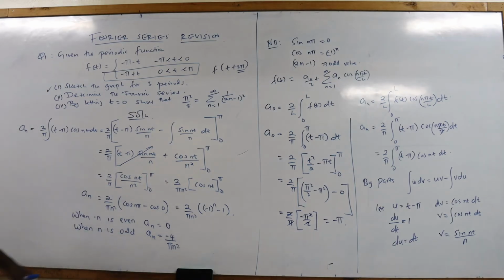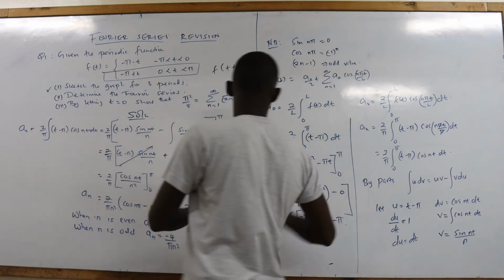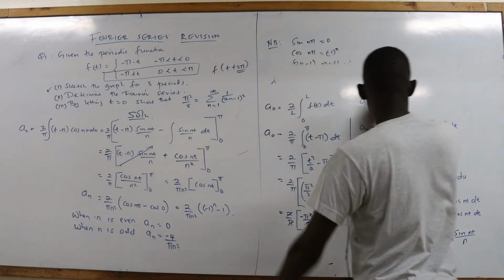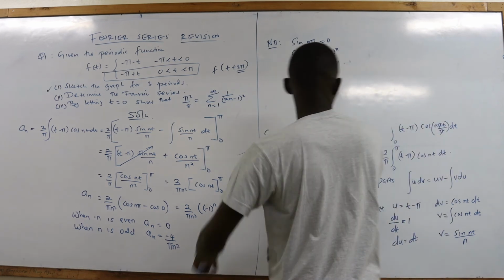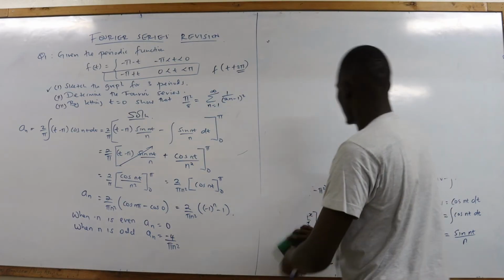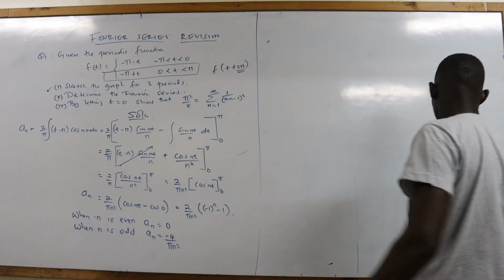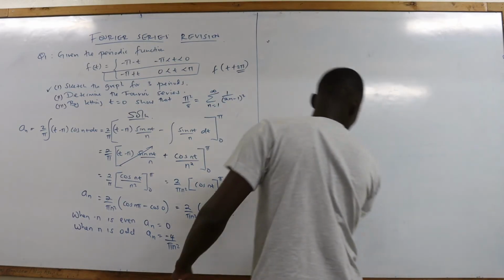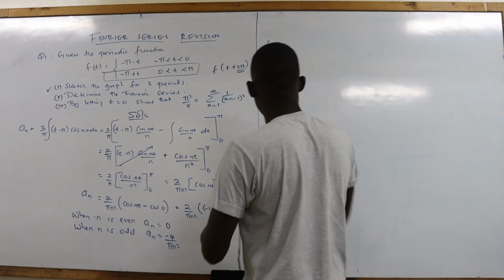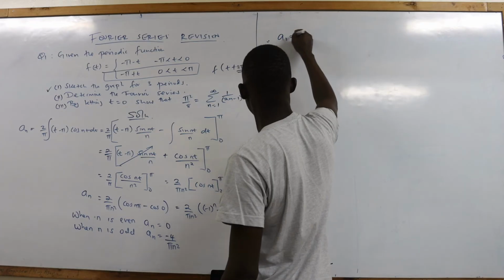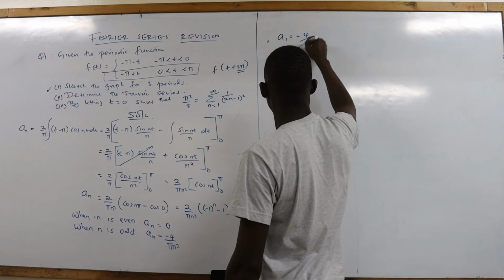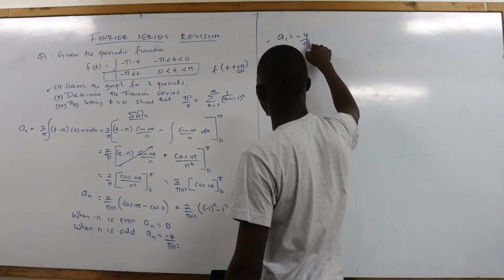So in this case, we can have our values. Allow me to rub that. We can have a1, replacing n with 1, so it is -4 over pi times 1 squared, which is 1.